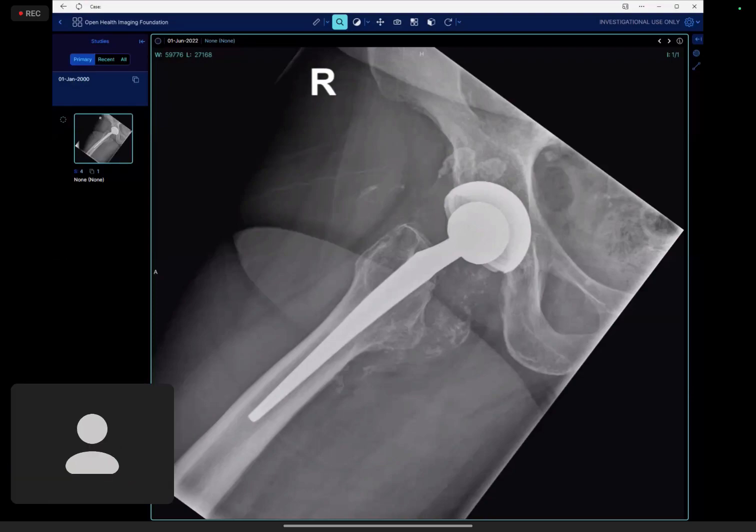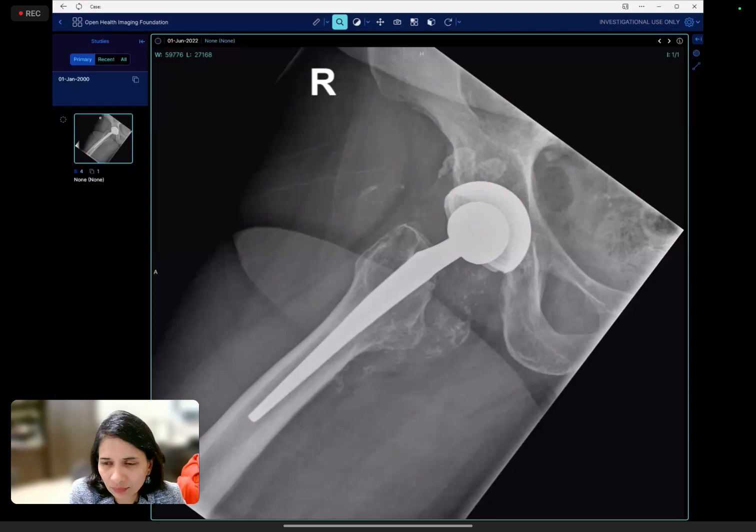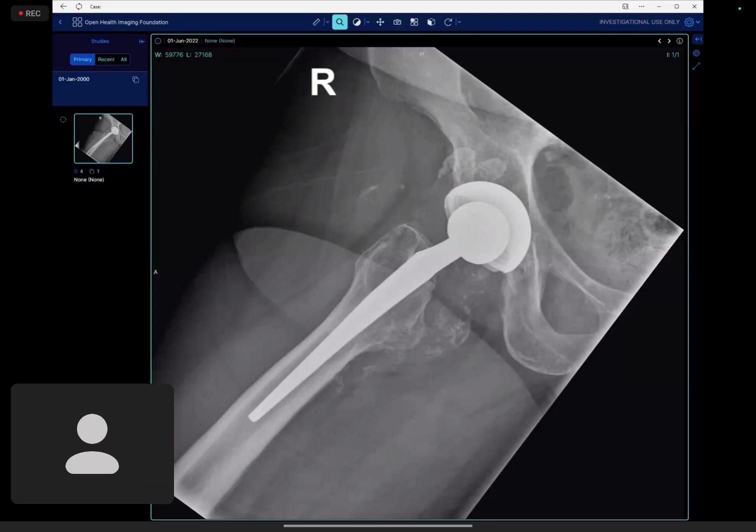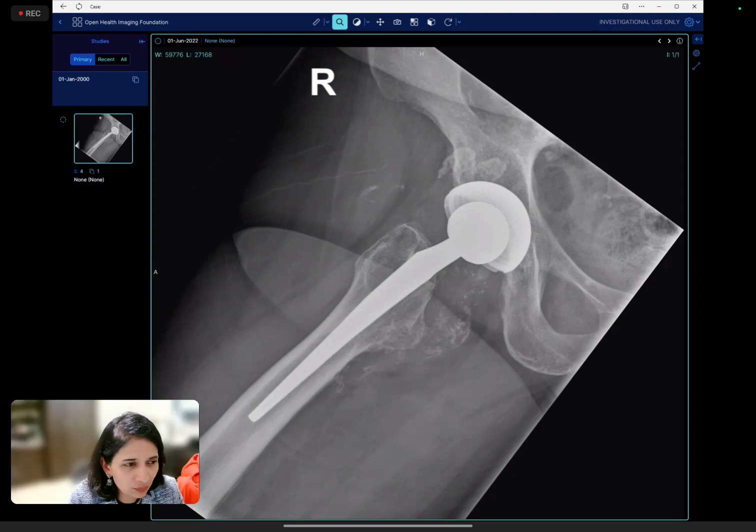Apart from that, lucency adjacent to the femoral stem is normal. So this is suggestive of a granulomatous lesion secondary to particle deposition. So yeah, not sure about this.